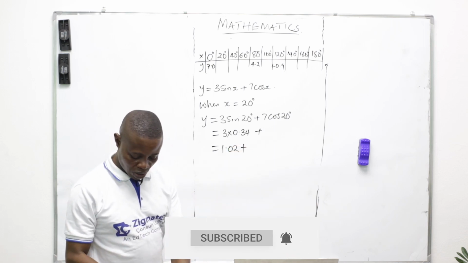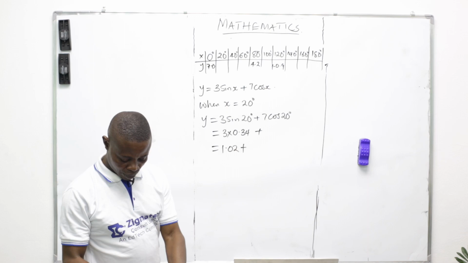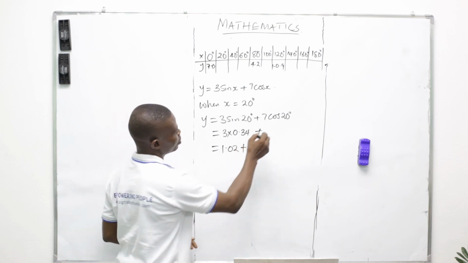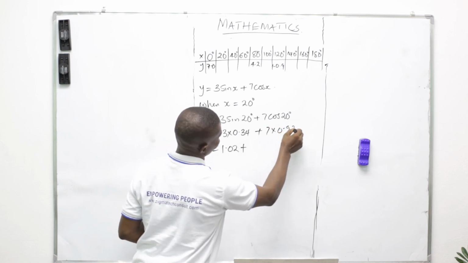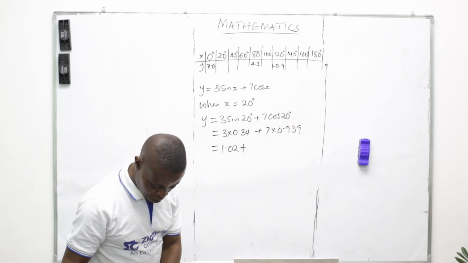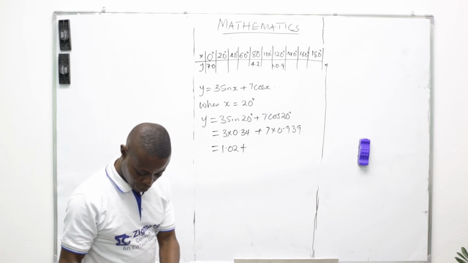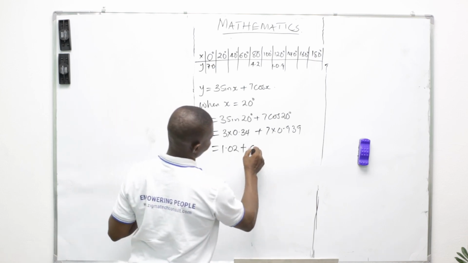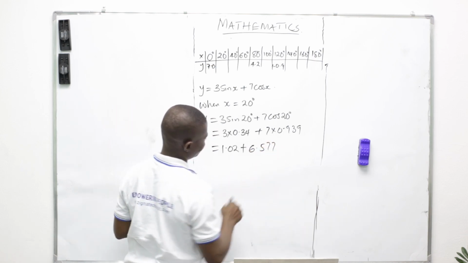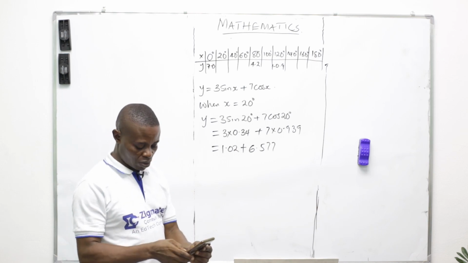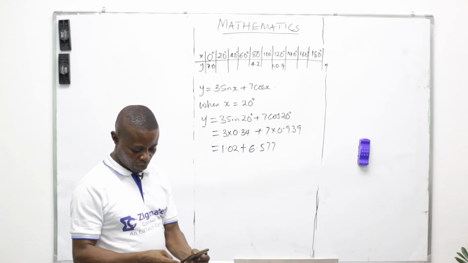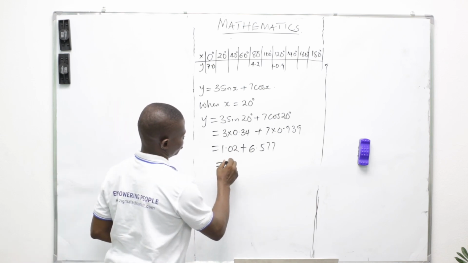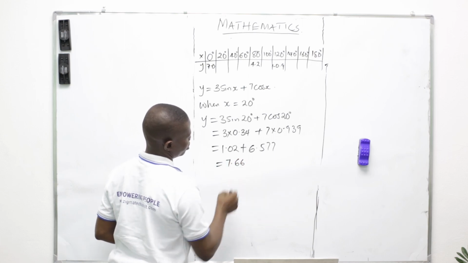Now cos 20, 0.939, multiplied by 7, 6.577. 6.577 plus 1.02 gives 7.66.